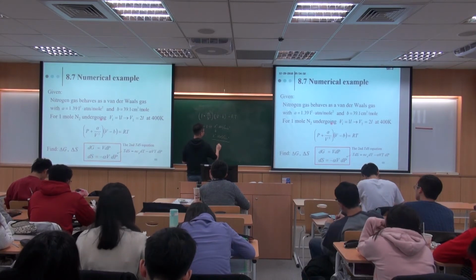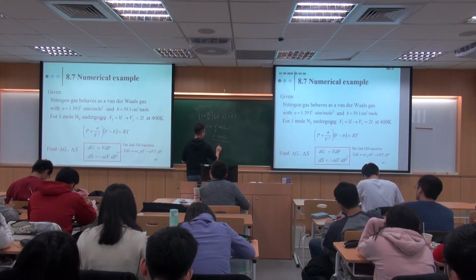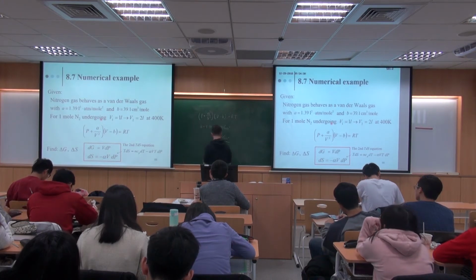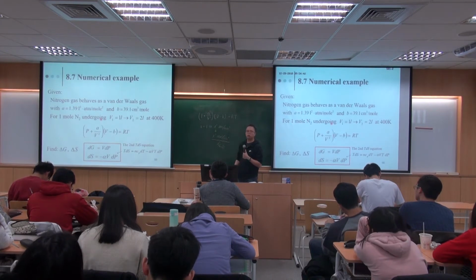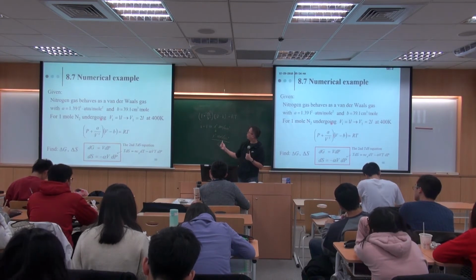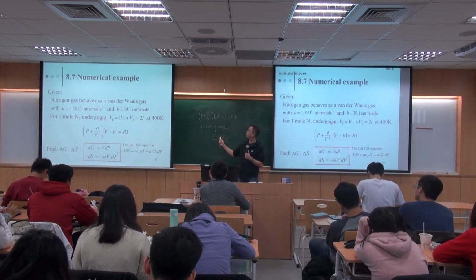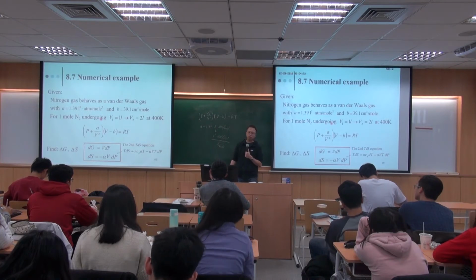Molar volume means it's liter over mole, and square that, so you're left with liter square and mole to the 2 over here. Right? And also you have atm square, which means there's a pressure square for this unit, which I believe is wrong.